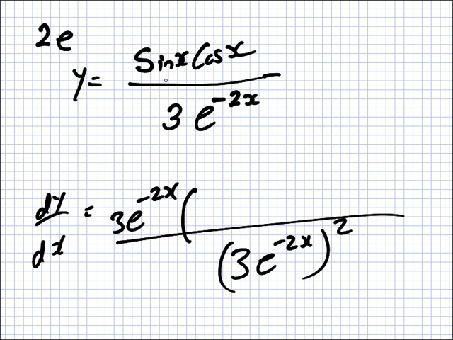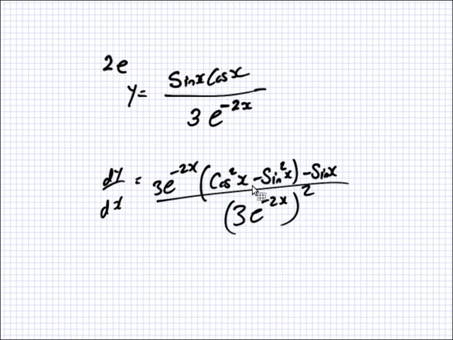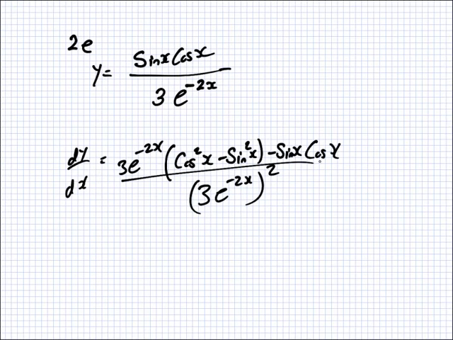So sine's derivative is cos, so it's cos by cos, which is cos squared. And then it's sine by cos's derivative, which is minus sine, so it's minus sine squared. Minus the top times the derivative of the bottom. And the derivative of e to the minus 2x will be minus 6 e to the minus 2x. And the minus will flip that minus to a plus. And that's the answer for that one.